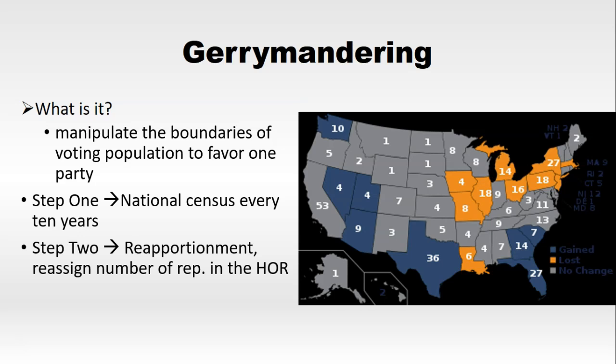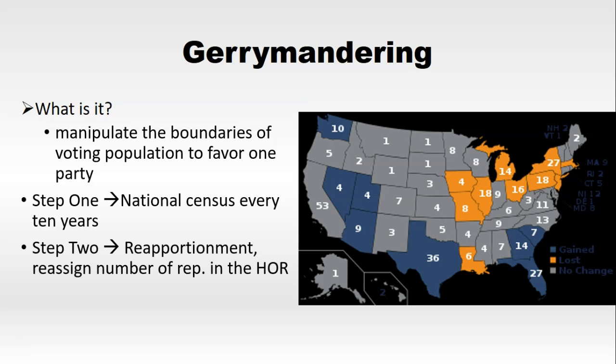Based off of that national census, we will then reassign the number of representatives that each state gets in the House. So we can see here on this map, Indiana, we really don't have that many representatives compared to the states surrounding us. Indiana only has 9 representatives in the House. Illinois has 18, so double us.